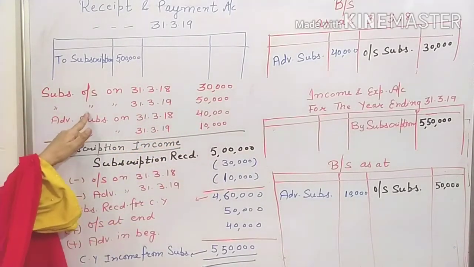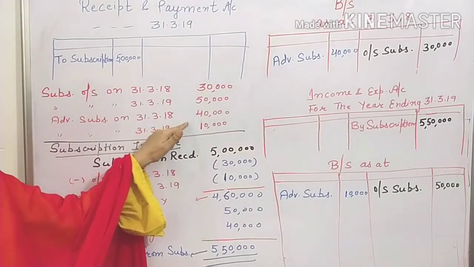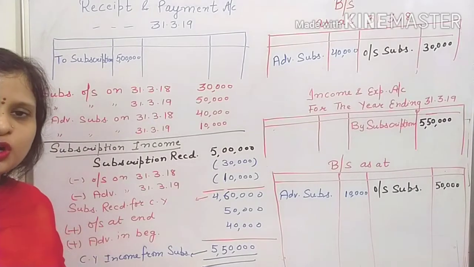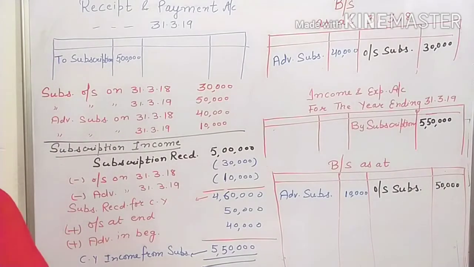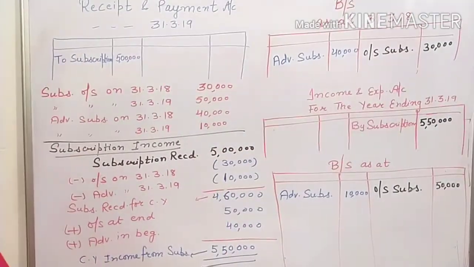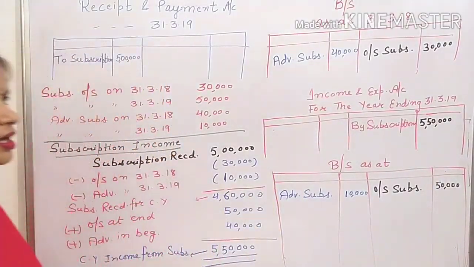Similarly, outstanding at the end is given, advance subscription in the beginning, and advance subscription at the end. You are required to show how much amount will be shown in the opening and closing balance sheet and how much amount will be shown in the income and expenditure account.